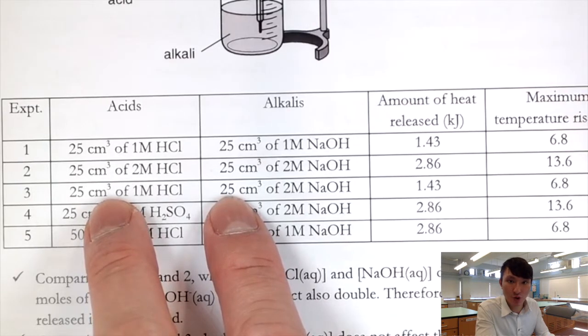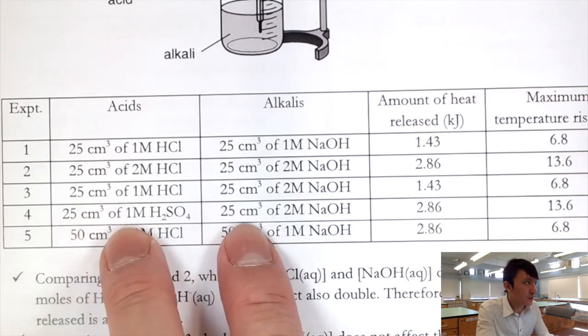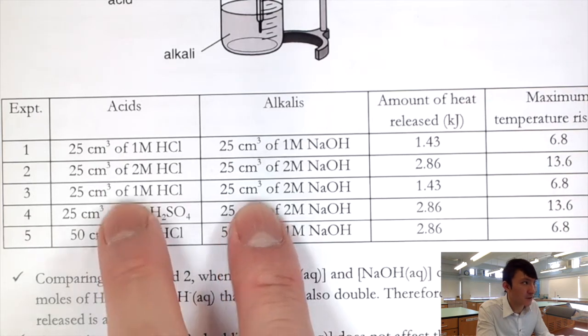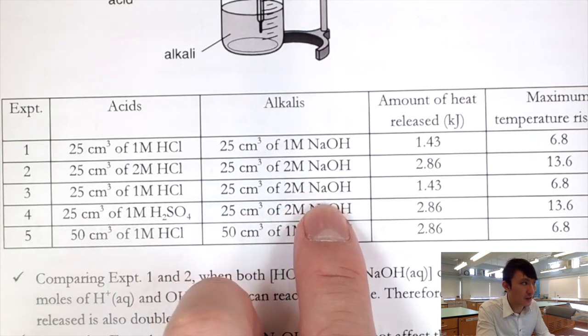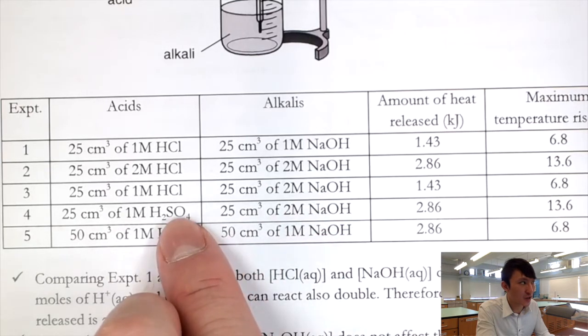cm³ in total. Now, if you look at the fourth one here, this time we compare 3 and 4, because now they have the same quantity of sodium hydroxide, but this time we change hydrochloric acid into sulfuric acid. Sulfuric acid is a dibasic acid.